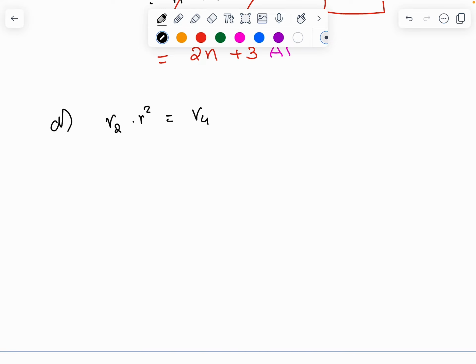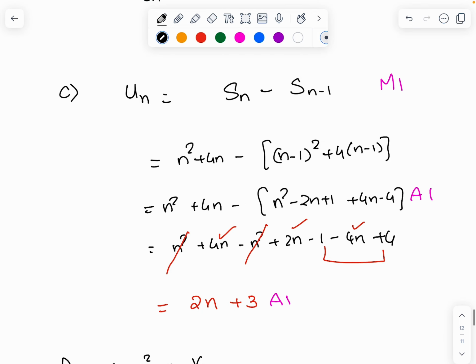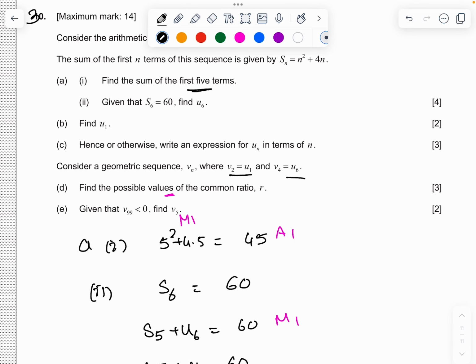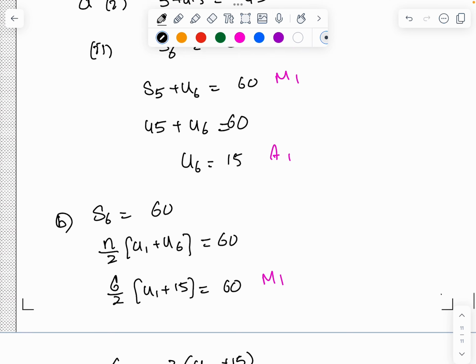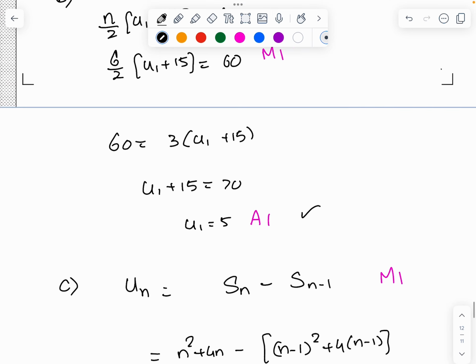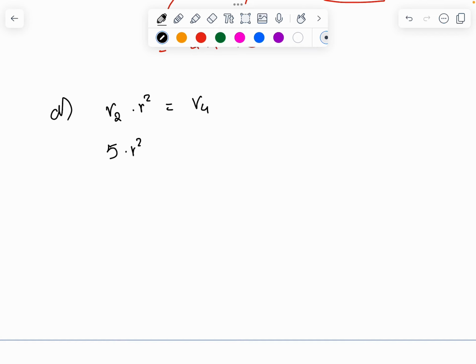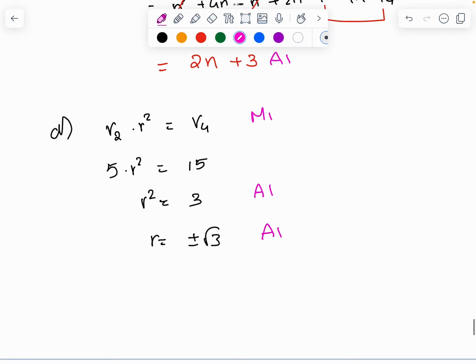That is the basic thing. V2 was U1 and V4 was U6. U1 was 5 and U6 was 15. So 5 times r square equals 15. So r square equals 3. So r equals plus or minus root 3. So this is my method mark, accuracy mark, and accuracy mark.